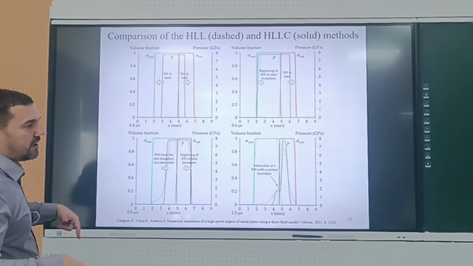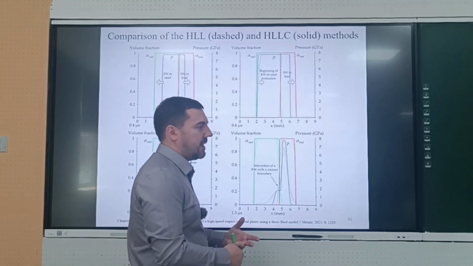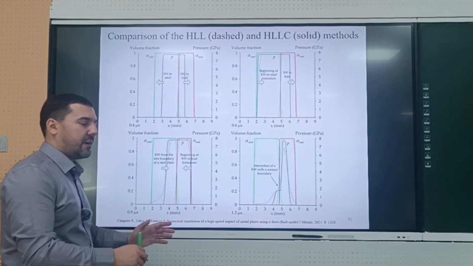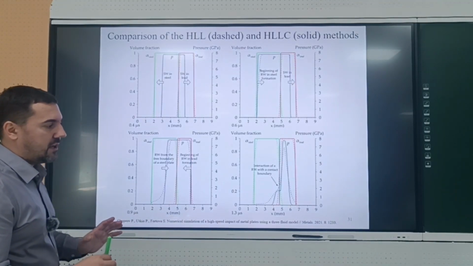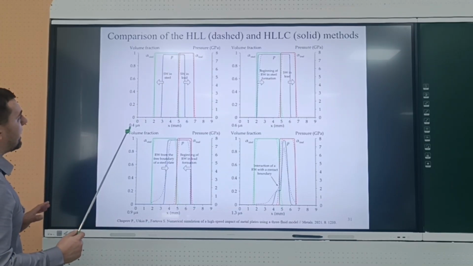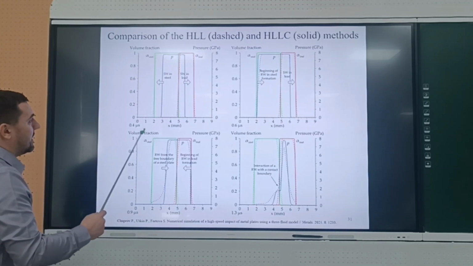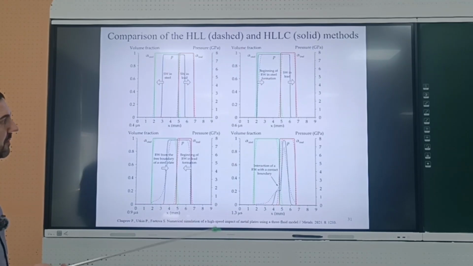And for sure, the HLL and HLLC methods for the Euler equations cannot be straightforwardly generalized for much more complex models. So there are also difficulties in how to write HLL and HLLC methods for these equations. But anyway, it was done. And you can see here how, in this more realistic computation, the general features of the methods are implemented.